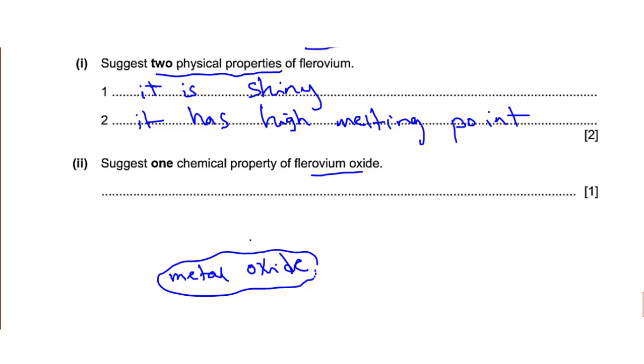Actually, guys, it's called a basic oxide. Okay, so flerovium oxide is going to be a basic oxide. What does basic oxide mean? This is not only for flerovium oxide, this is for all metal oxides. Metal oxides form basic oxides. Basic oxide means they can dissolve in water to produce an alkaline solution. Okay?